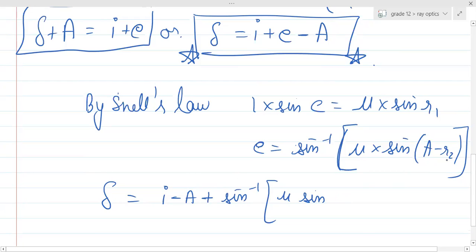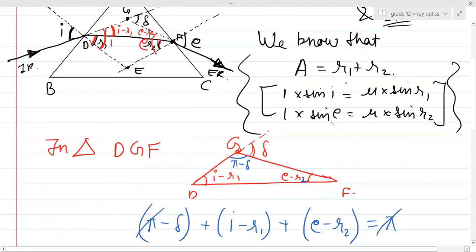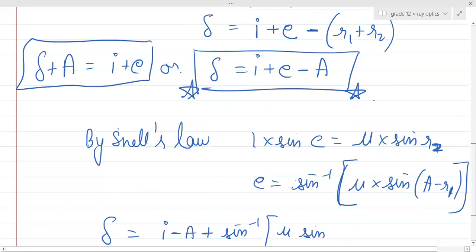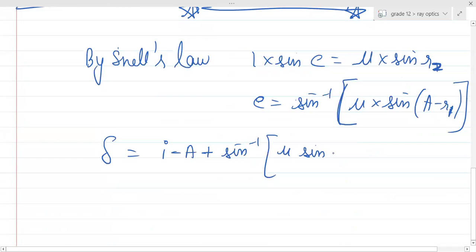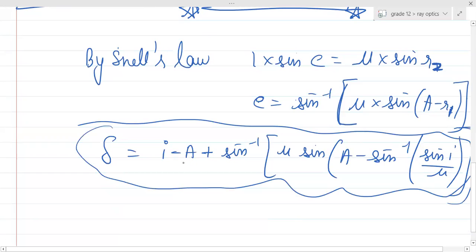Sorry, my bad. Anyway, I can write this R1 also from this particular equation, as sine inverse of I. So the whole function becomes something like this: sine inverse of sine of I divided by mu.